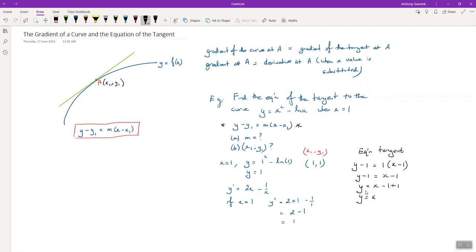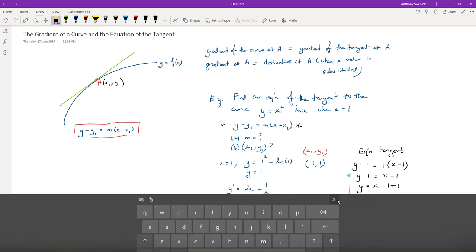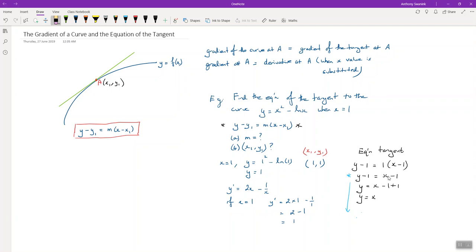Now, don't expect this cancellation to happen in every question. The other way that you quite commonly see the answers in the back of the book is that they bring x and y and the numbers to one side and make it equal 0. So let me do that. I want to get the x positive, so I'm going to bring everything to the right hand side.